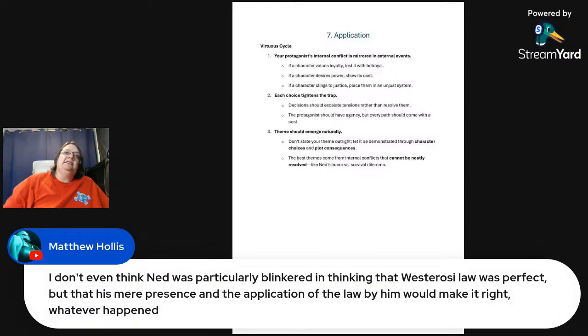Matthew says he doesn't think that Ned was particularly blinkered in thinking Westerosi law was perfect. Yes. So Ned thought that the law would be enough because it was on his side. And he was clearly wrong. And he could have learned that lesson from Lady's death. But Martin wanted to drive a different point with Ned.